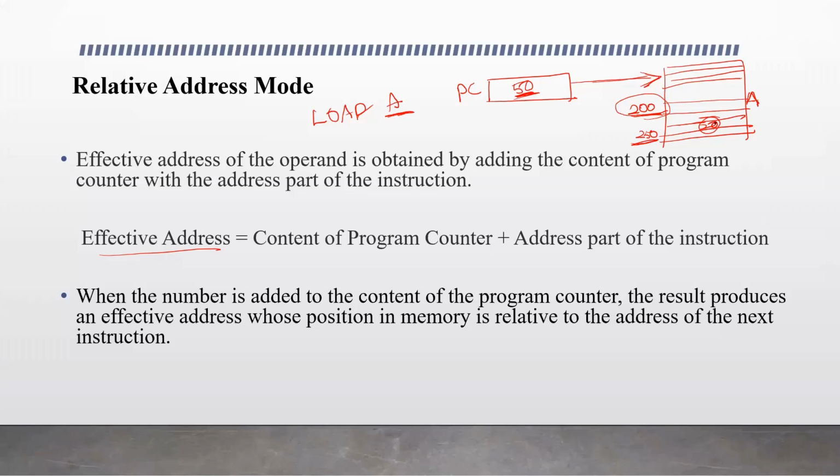This type of addressing is used when the position of the operand is related to the position of the instruction being executed. In this case, we use this type of addressing, relative addressing.